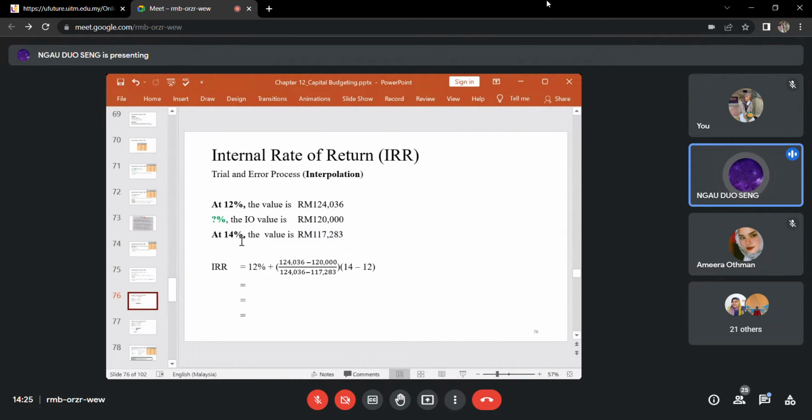Then at 14%, we have 117,000. So the procedure is the same. We know it is between 12% and 14%.